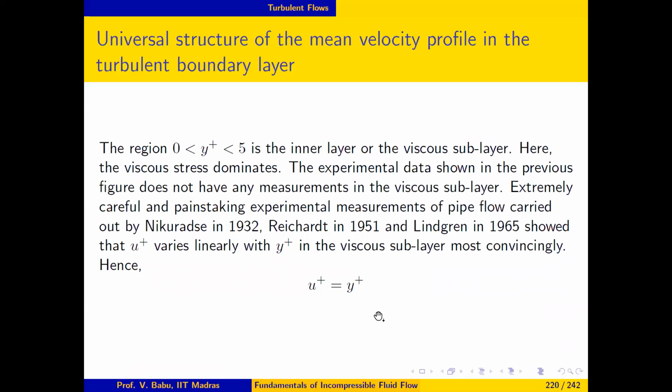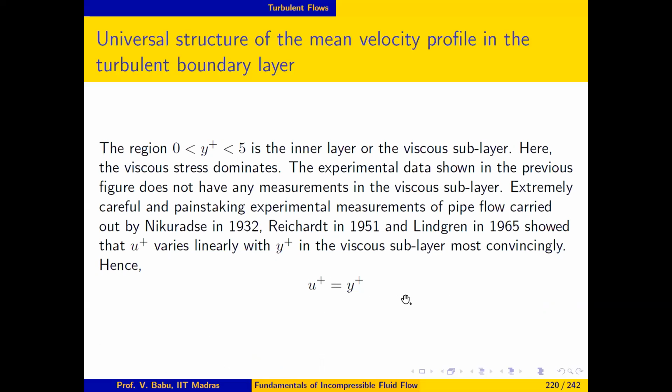So in the laminar sublayer or viscous sublayer, it was shown through experimental data that u plus varies linearly as y plus. And this is now well accepted for external flows as well, although this was established first in pipe flow measurements.